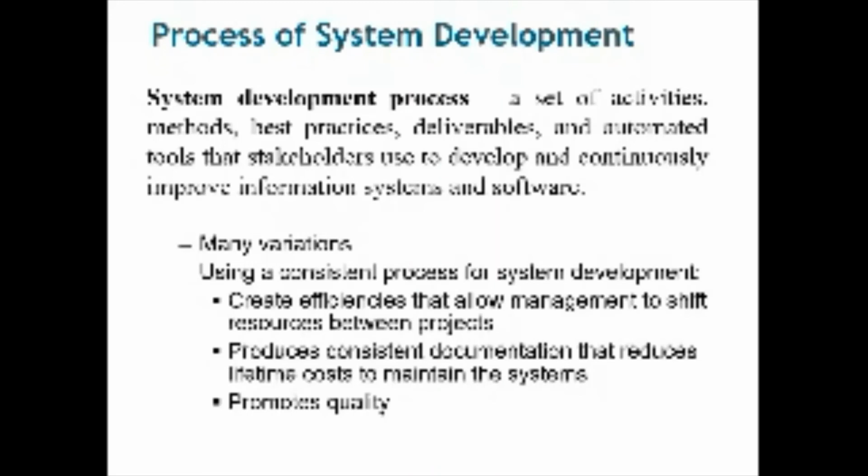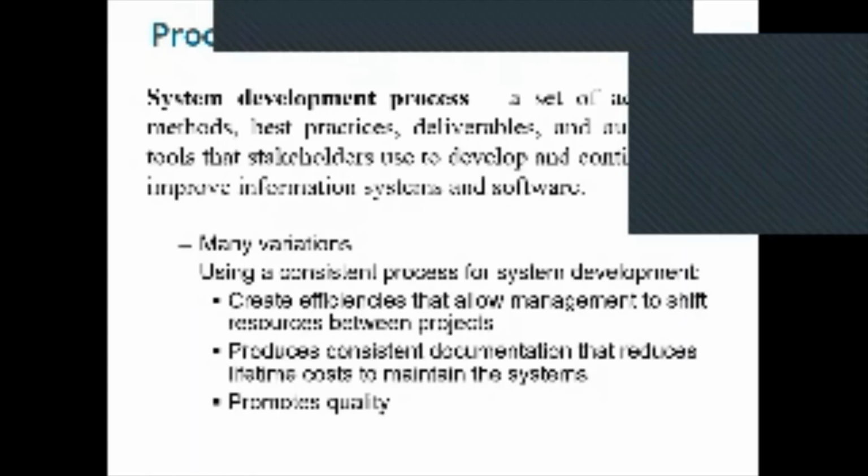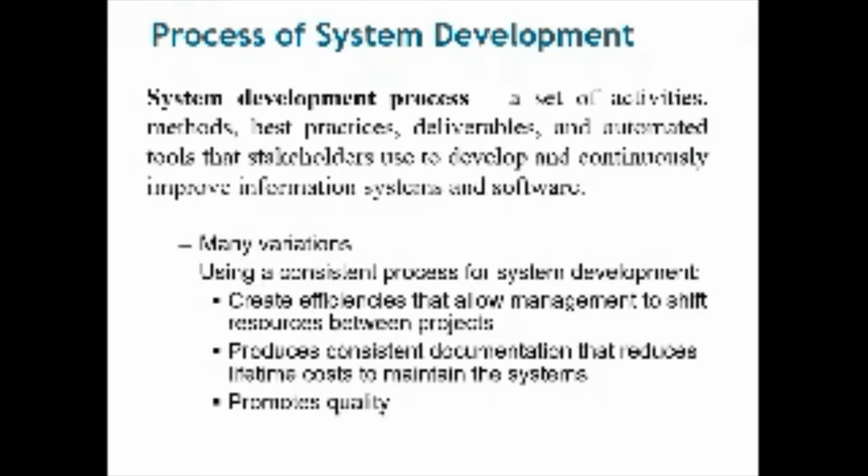There are many variations, which means that a consistent process for system development creates efficiency that allows management to shift resources between projects. Different projects are there; in the particular video we observed, there will be CSE people, electrical people, ECE, and mechanical people.